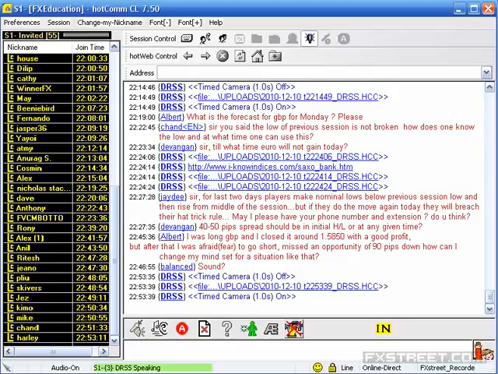Monday they are expected to make a flat opening and then subsequently gain the levels. Then Chand, you say, I'll post it in the blog anyway, Albert. You said that a low of the previous session is not broken. How does one know that low, and at what time can one use this? See, I explained it.